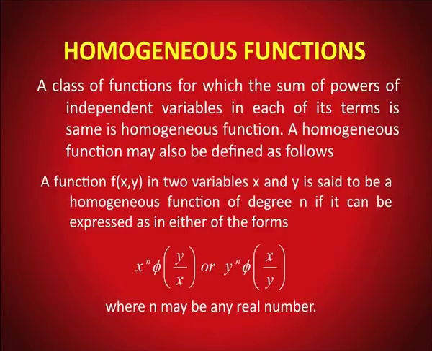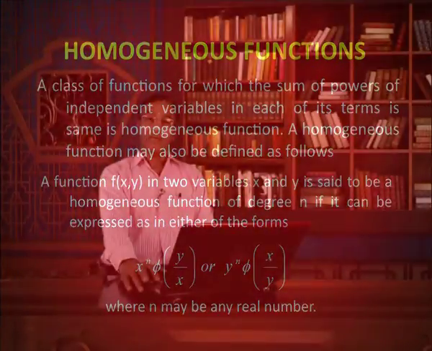The homogeneous function may also be defined as follows: a function f(x, y) in two variables x and y is said to be a homogeneous function of degree n if it can be expressed in either of the forms x^n φ(y/x), that is x^n multiplied by some function of y by x, or y^n multiplied by some function of x upon y, where n may be any real number. This function is a homogeneous function.